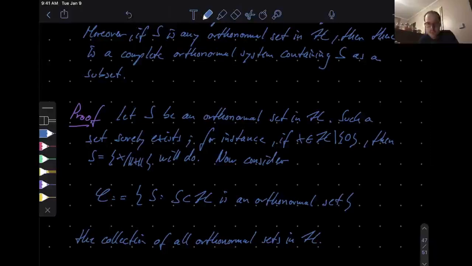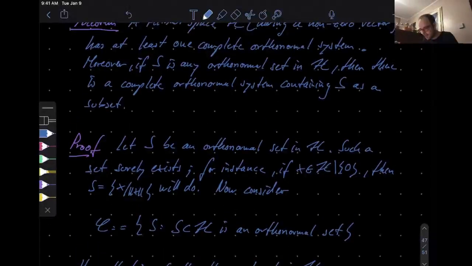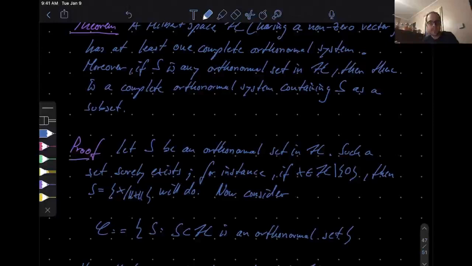And if you are in a separable Hilbert space, not every Hilbert space is separable, then you can make this proof much more constructive, because there is the Gram-Schmidt process that helps you. But for now, since we're not assuming separability of our Hilbert spaces, we will have to invoke Zorn's lemma and prove it that way next time. Okay, hopefully I will see you again in the next video.